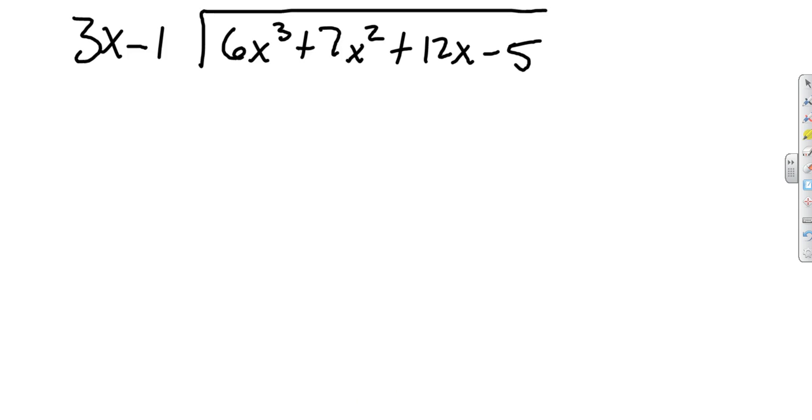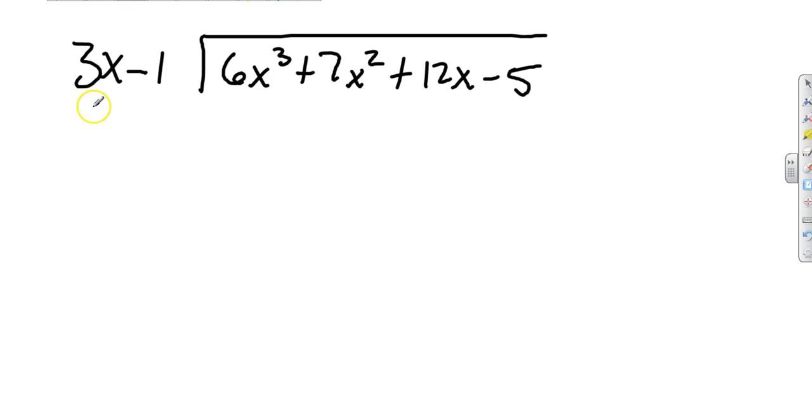And again, we're going to key on the first term. So when we start off, we've got 3x, and we're dividing that into 6x to the third. Just divide the first two terms. Take the first term here and divide it into the first term there. The way these should work out, every problem that you have, they should work out to be whole numbers. If you get fractions, it gets a little dicey.